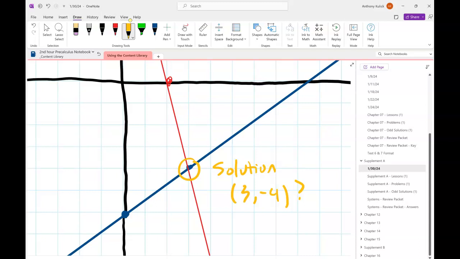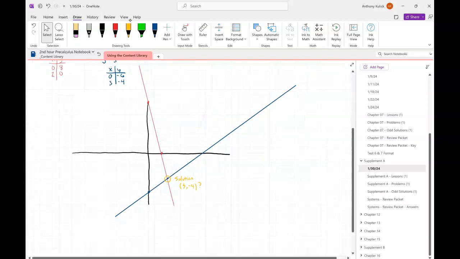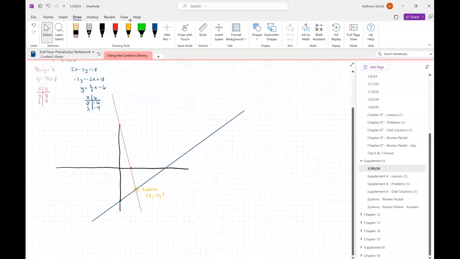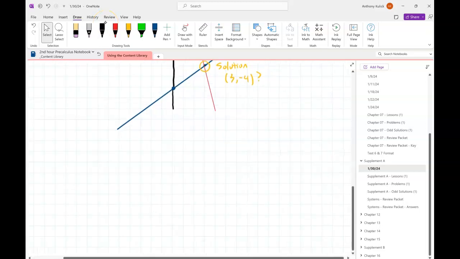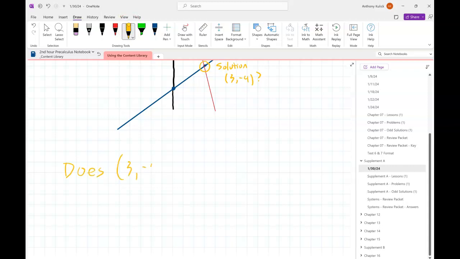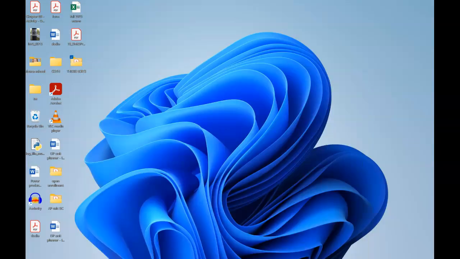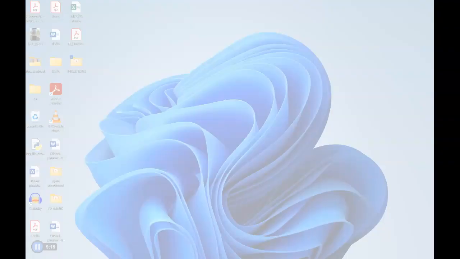Maybe. Mr. Kulik, is there a way to check? There is. What we're going to do is see if that satisfies the system that we're trying to solve.